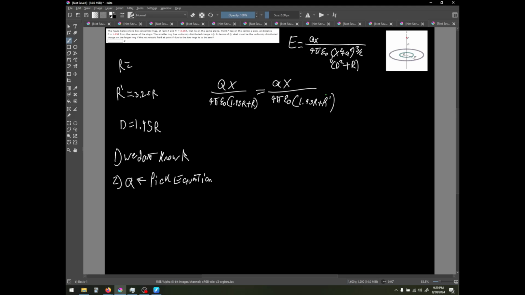Okay, for starters, and we can also get r prime in terms of r, it turns out.